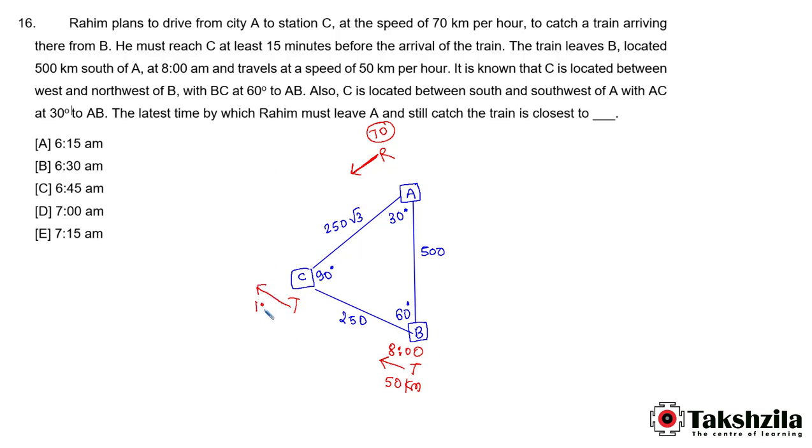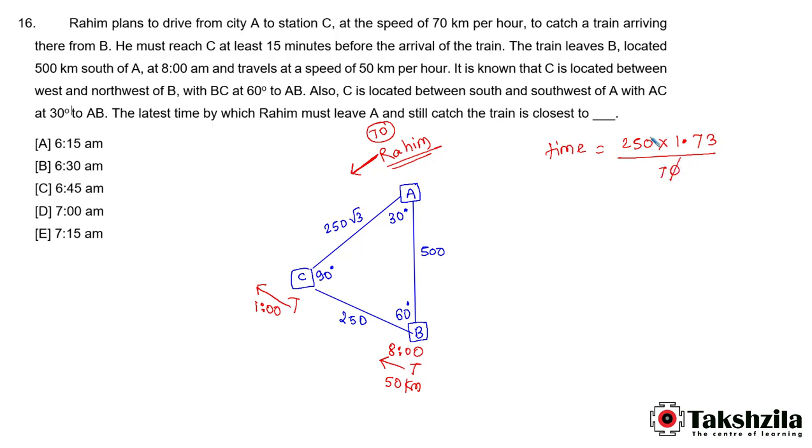It means 1 o'clock, train will be at city C. So how much time Rahim requires to travel 250 root 3 distance with a speed 70 km per hour? Time is equal to distance, 250 into root 3, approximately 1.73, divided by the speed, 70.